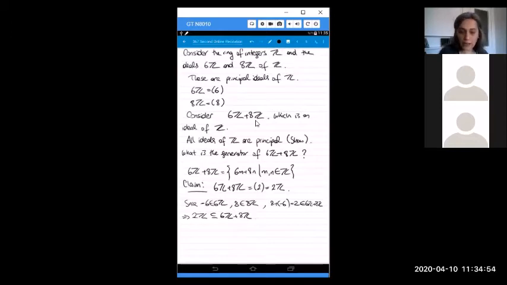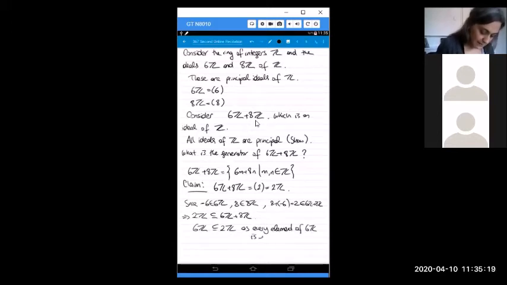And for the other side of the equality, it is much easier than the first one, since 6Z only contains some even integers. This means that 6Z lies in 2Z, as every element of 6Z is even.